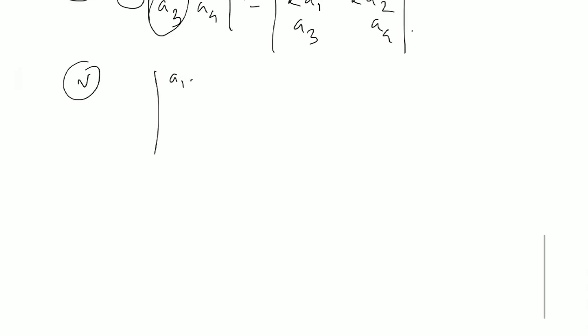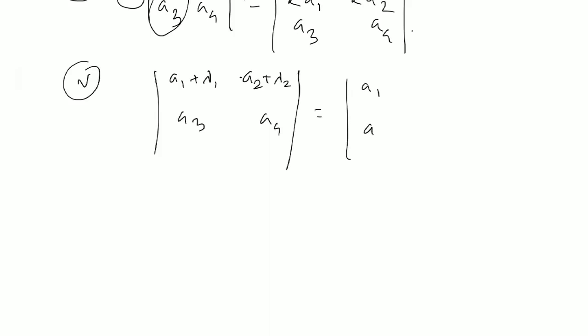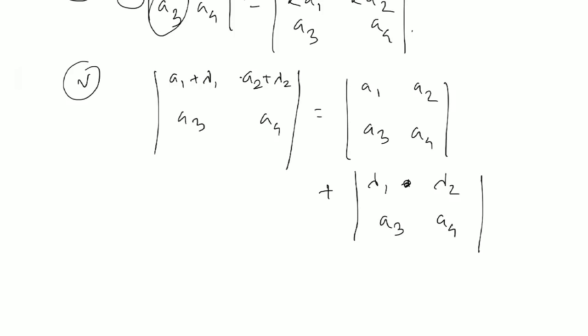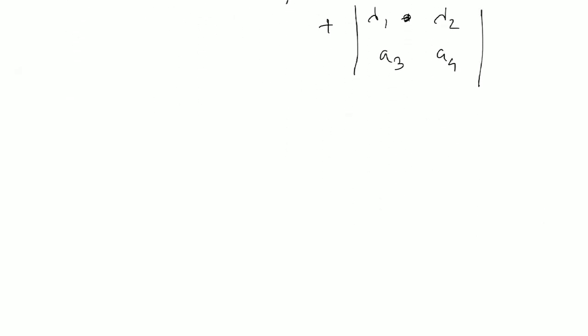It is multiplied to the elements of any one row or any one column. Similarly, if you have a determinant like a1 plus lambda 1, a2 plus lambda 2, a3 and a4, then you can write it in a separate way as a1 a2 a3 a4 plus lambda 1 lambda 2 a3 a4.